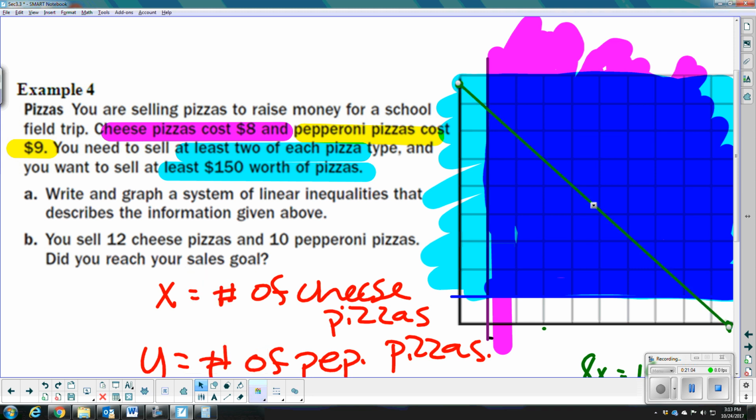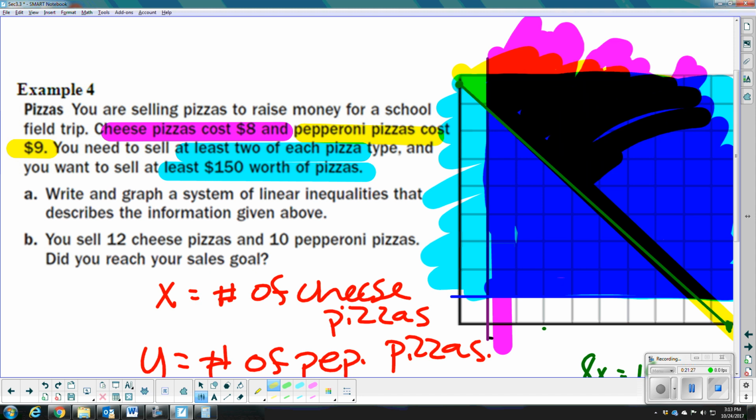Great, and then I'm going to shade my last section. And if I use, again, 0, 0: 0 times 8 plus 0 times 9 is 0. Is 0 greater than 150? No, it's not. So here I'm graphing above my line.